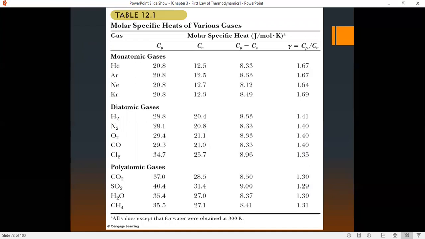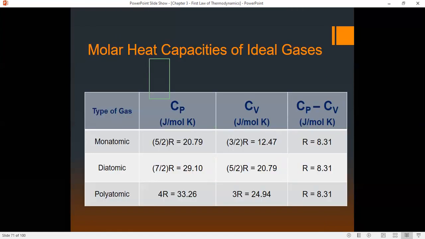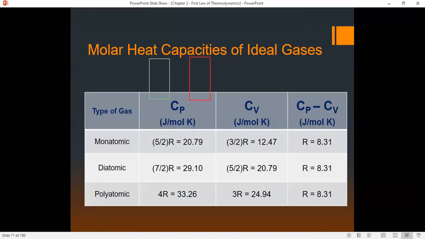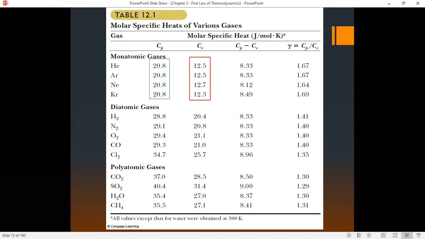Again, here is our Cp for the noble gases. Okay, just flip back here quickly. We estimate 20.79, and wow, that's pretty much right on the dot right there. And again, Cv should be 3/2 R. So go back to the previous case, 12.47 and 12.5.